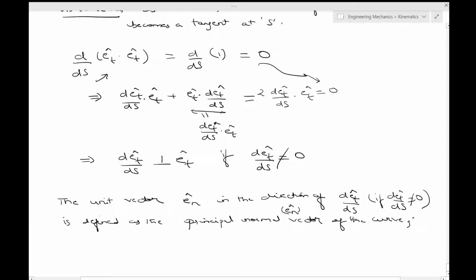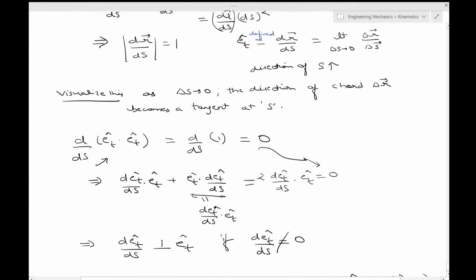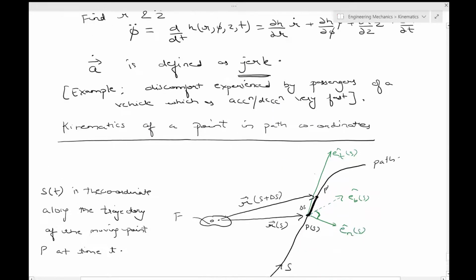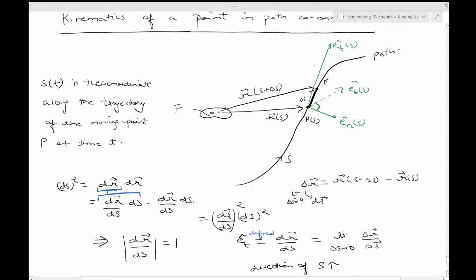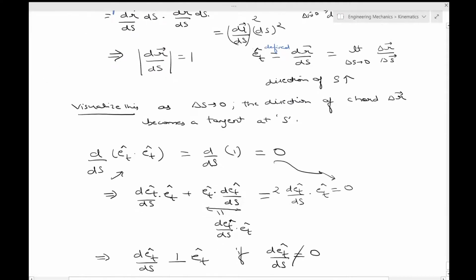But the thing is that there are actually an infinite set of unit vectors which are perpendicular, right? Like you look at this diagram, once you have an Et, then En is perpendicular to Et, that can be shown, but En can have infinite ways of existing so that it is still perpendicular to Et. You can rotate it about this point S and it will always be perpendicular to Et. So that's where this next statement comes in.